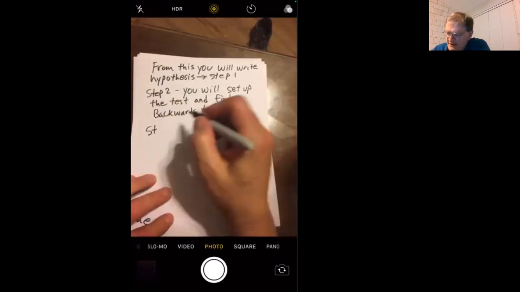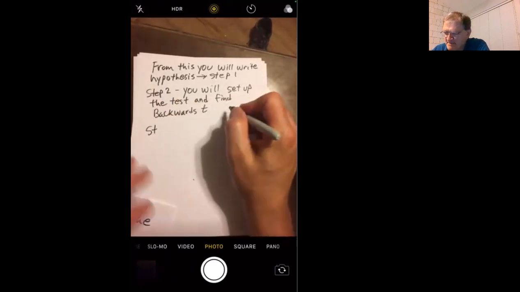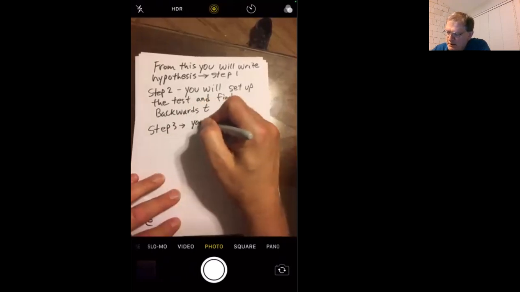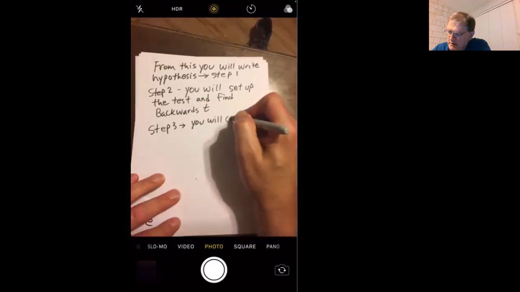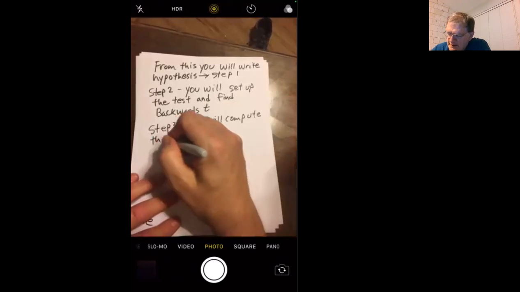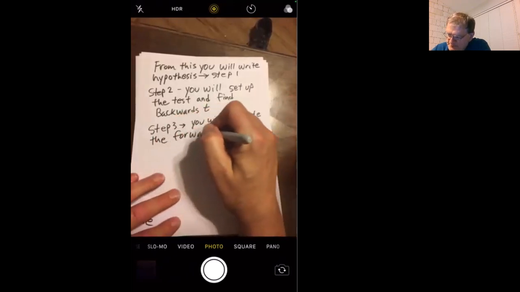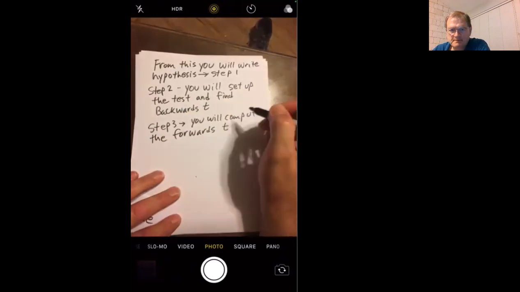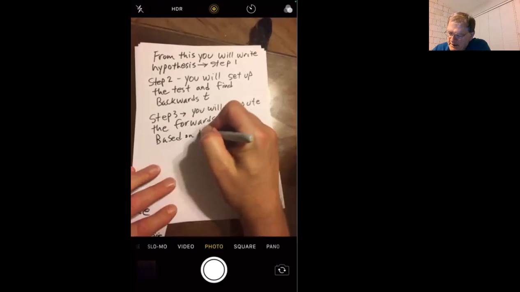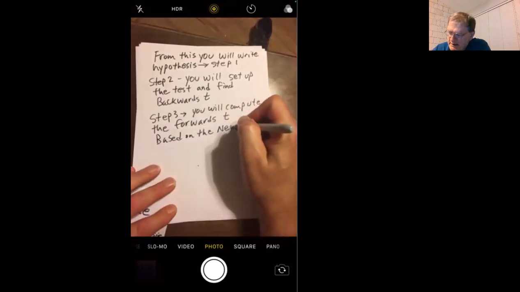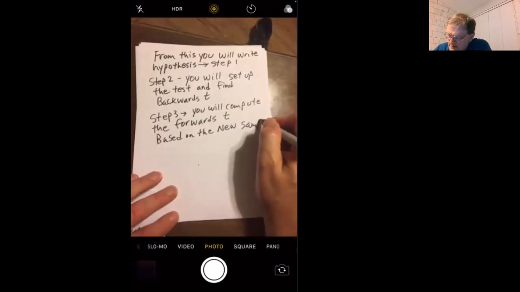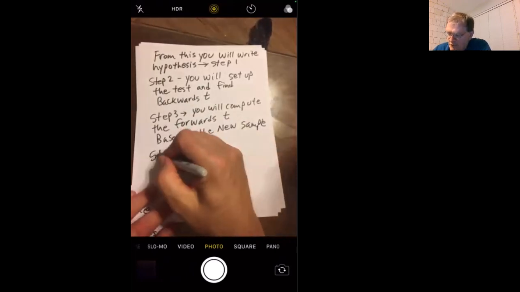Step 3, I think the book calls it the test statistic. You will compute the forwards T based on the new sample. Finally, step 4.